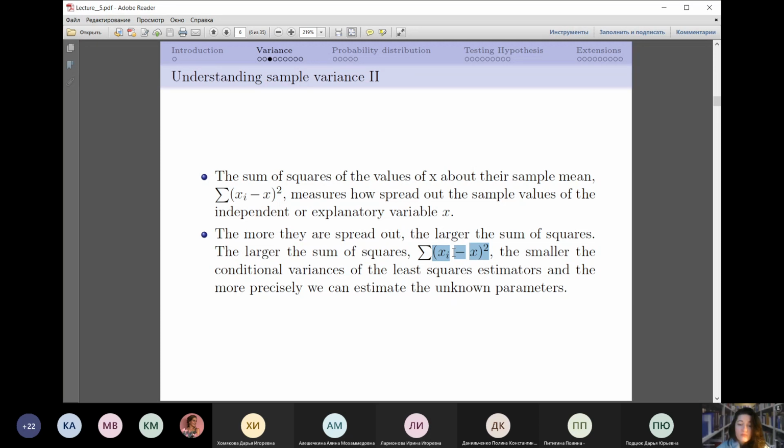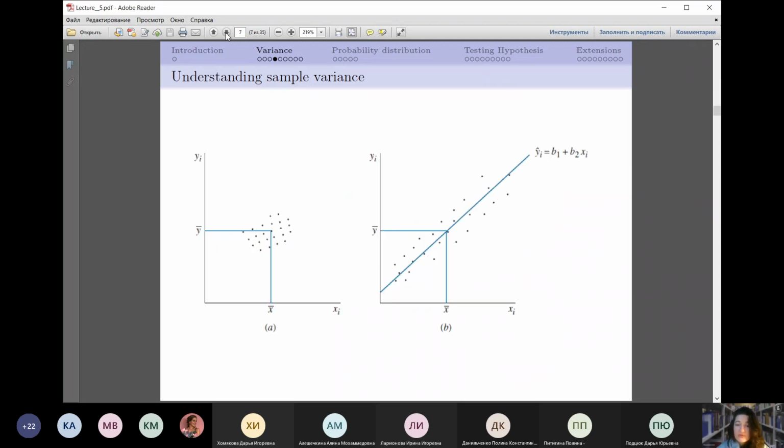So what is the idea? How can we visualize this and why does it work like this? For example, you have two samples. From one sample, you can obtain this scattergram, and from the second one, this other scattergram, and try to fit the line.